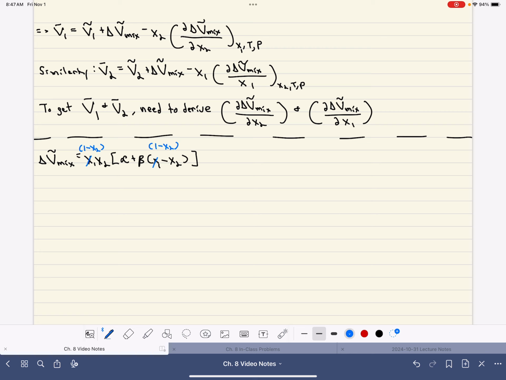We could simplify this: minus x2 squared alpha plus beta 1 minus 2x2. And now that we simplified it, we just take the derivative.